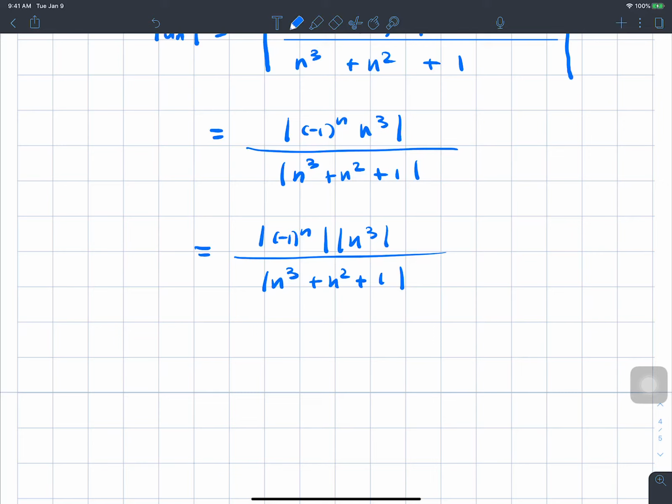And what I want to remark, if you guys recall, n is 1, 2, 3. n is a natural number. And what that means is the absolute value of n cubed is really just n cubed. In other words, what is under your absolute value sign is positive, because the n values are positive.